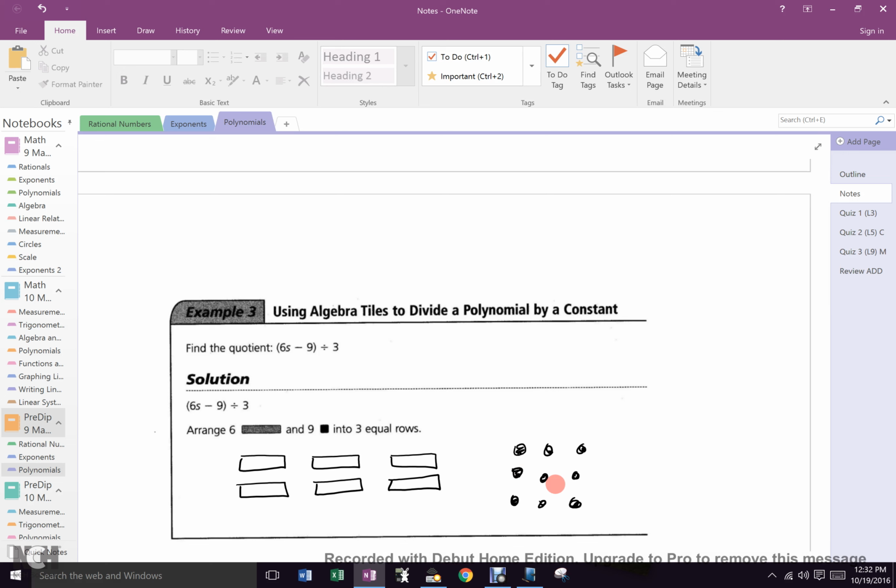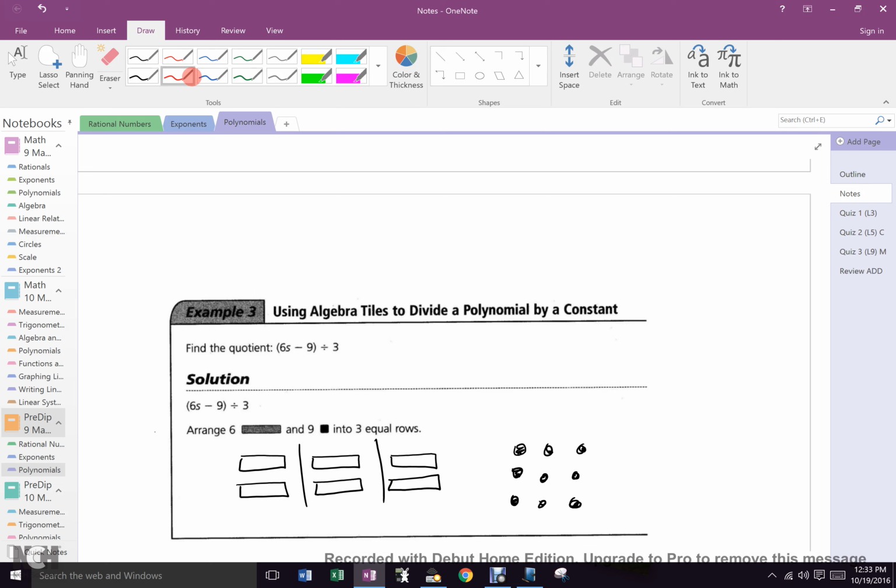What did you do? Why did you draw 6 this way and 9 this way? Jack. It says in the 3 rows. Into 3, right? So you set up 6 into 3, and you set up 9 into 3, didn't you?